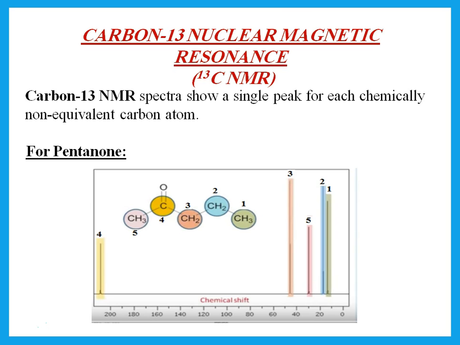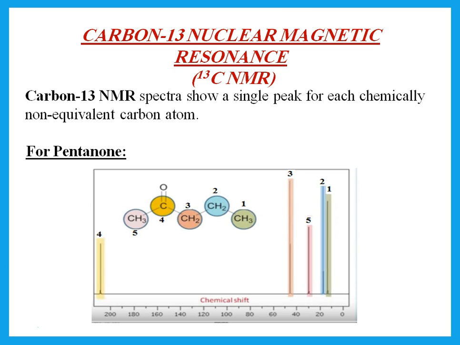Now, as we go nearer to the electronegative element, which is oxygen, the peaks shift more to the left. So we have a peak for the CH3, that's one type of carbon. There is another peak for the C of the CH2, and another peak for the CH2 that's right next to the C=O.